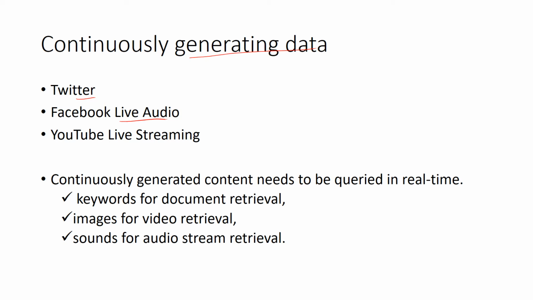Continuously generated contents need to be queried in real time in some applications. For example, users can use keywords for document retrieval, specifically like retrieving short documents, or tweets from Twitter, or using images to retrieve videos, using sounds to retrieve audio streams, etc.